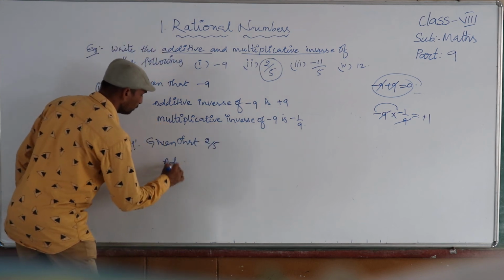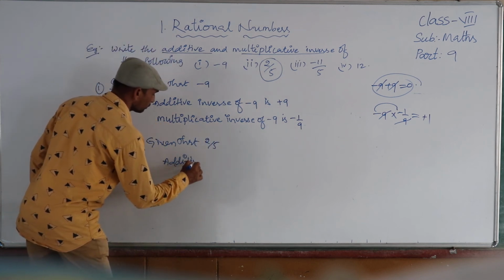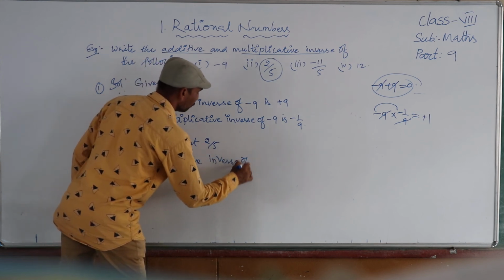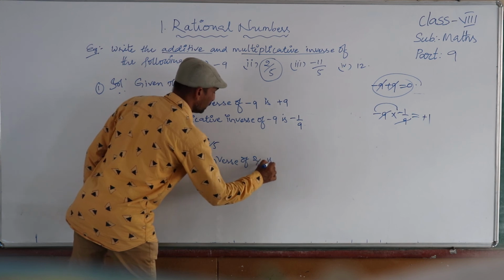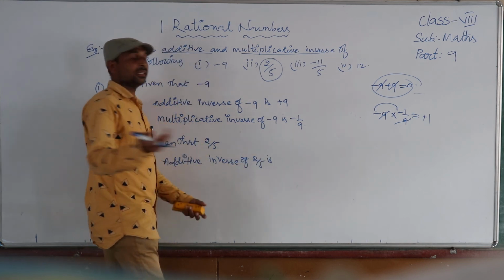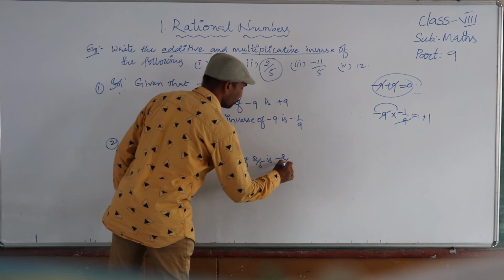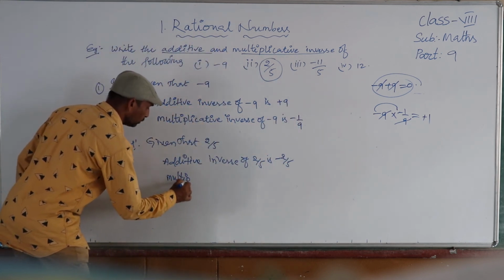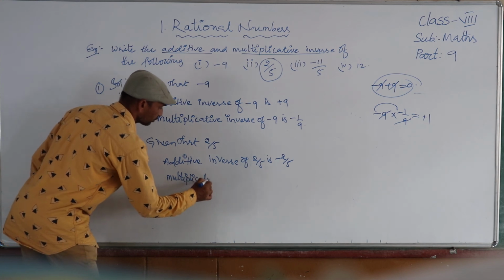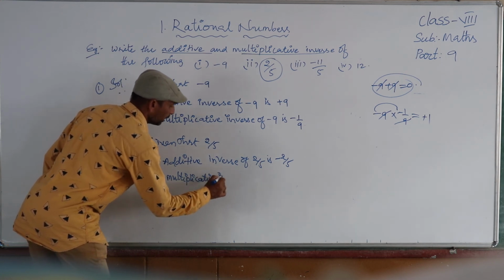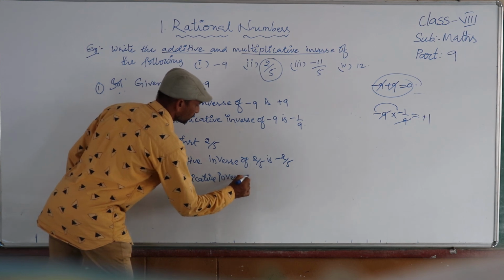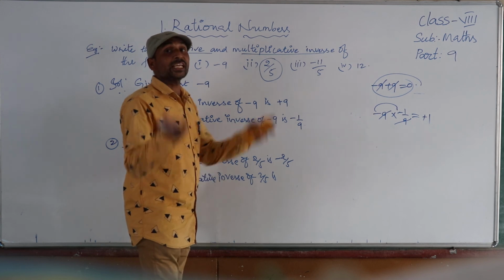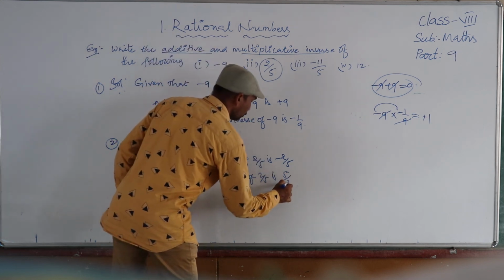The additive inverse of 2 by 5 is minus 2 by 5. Then the multiplicative inverse of 2 by 5 is the reciprocal, 5 by 2.